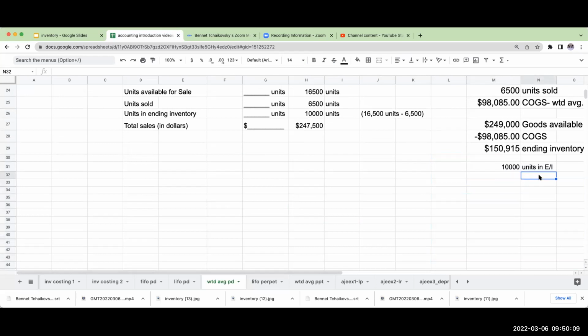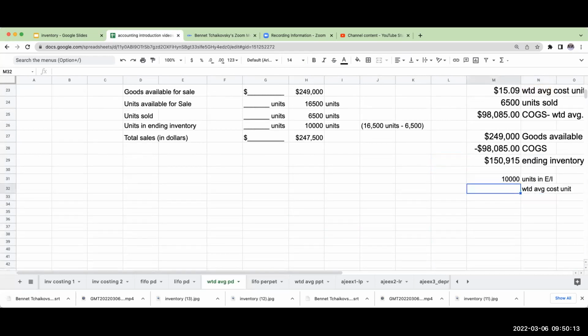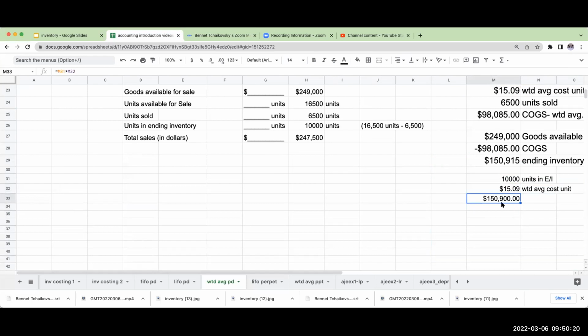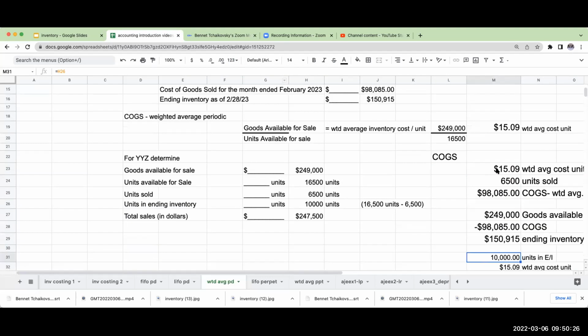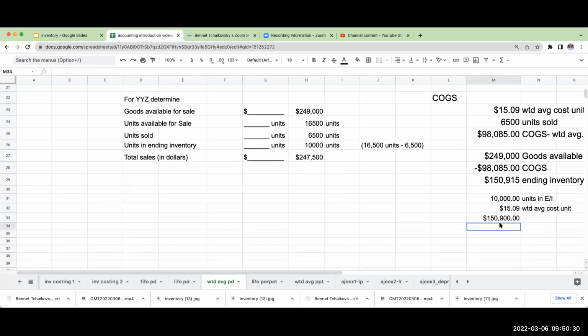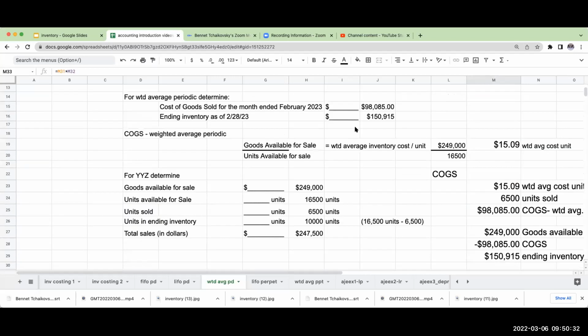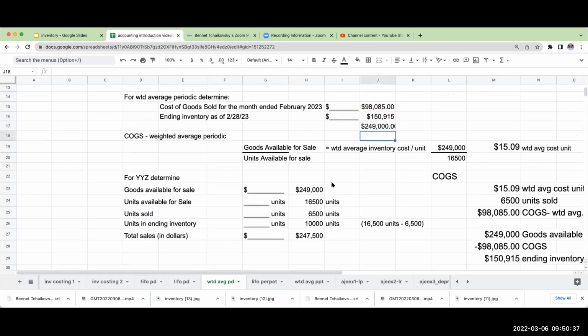My weighted average cost per unit under periodic is going to be $15.09. When I multiply this through, I get 150,900. Why is it off? Because I rounded the numbers. If I use the exact number, I would get it, but right here I rounded it. This is close enough for what we're trying to do. Remember, these two have to equal the total goods available for sale.